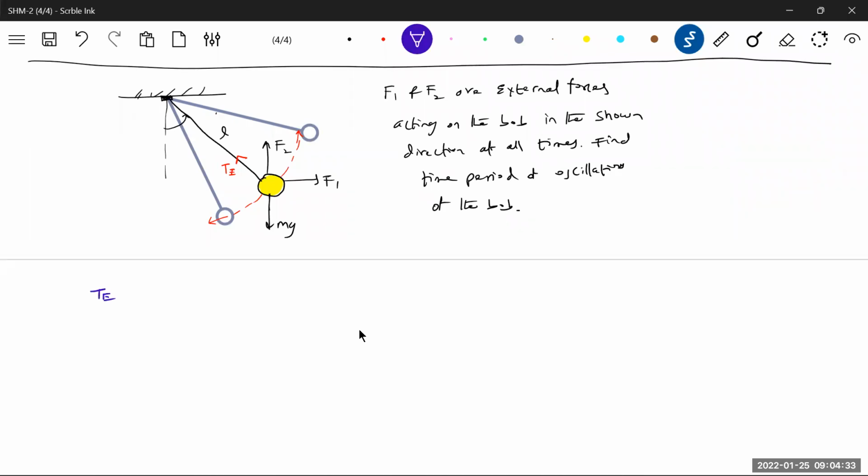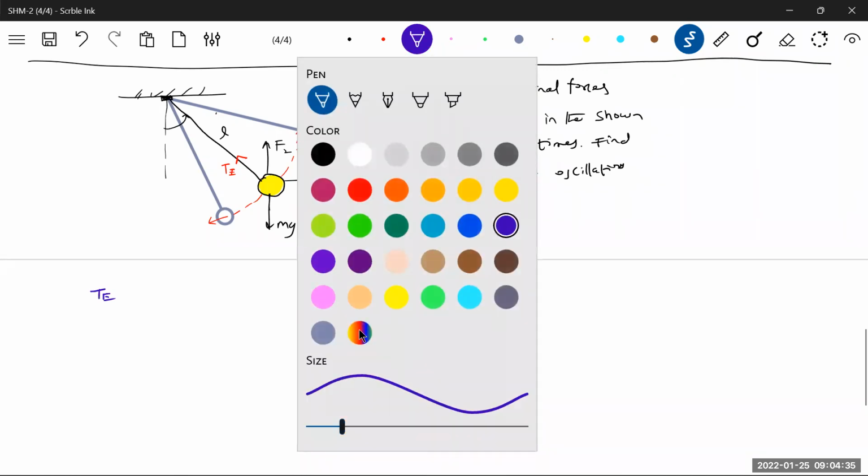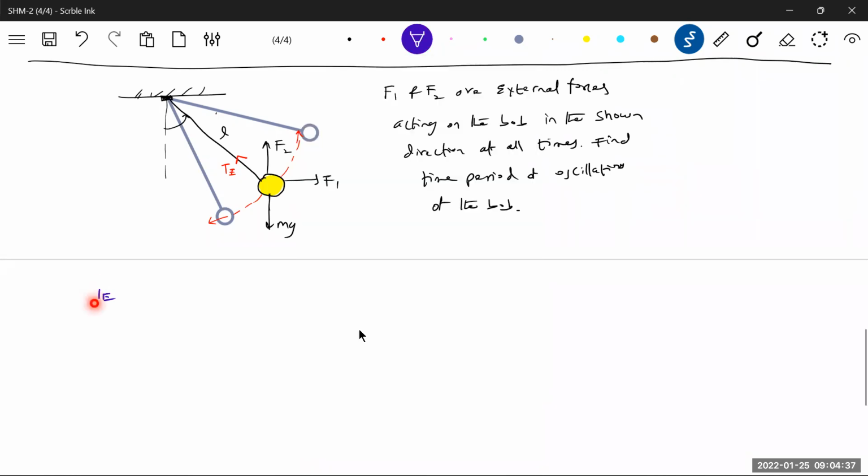Te cos theta plus F2 minus mg equals 0. Te sin theta minus F1 equals 0.